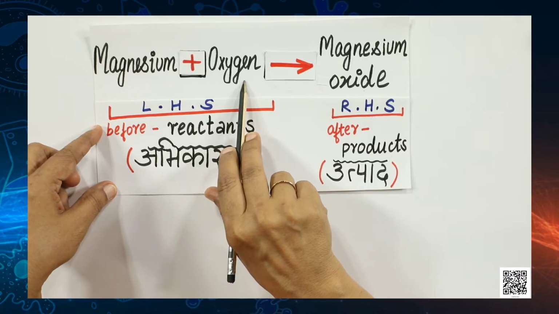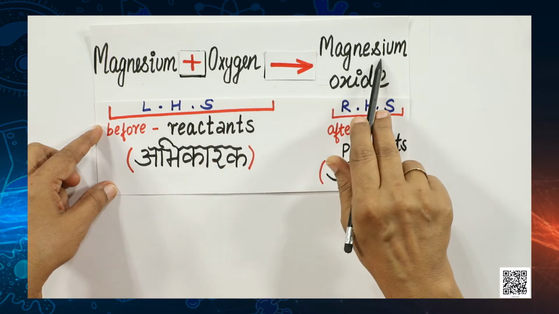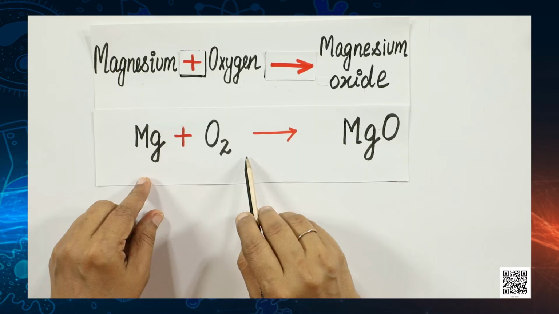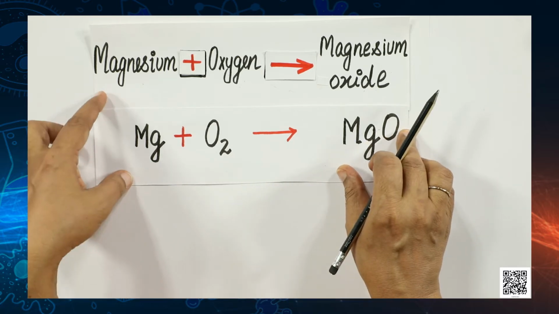I am sure you remember. If not, you must revise them. Now, if we recall formulae of magnesium, oxygen and magnesium oxide, this word equation can be written as: for magnesium we can write Mg, oxygen represented by O2 and magnesium oxide represented by MgO.